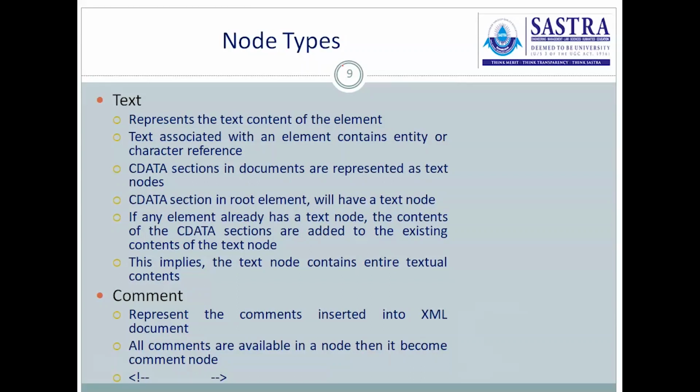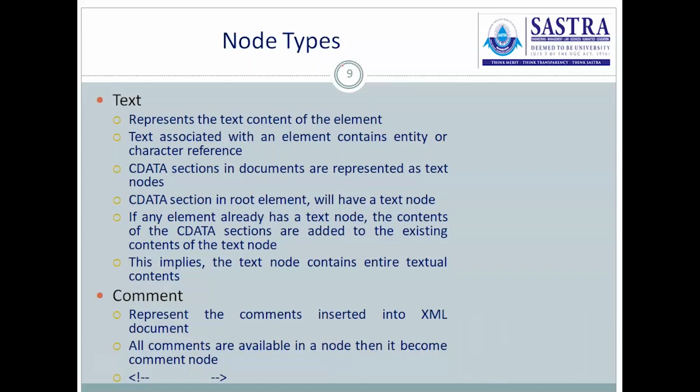Sometimes the root element may have a CDATA section, so the text node is associated with the root node. Sometimes the CDATA is available for any other element, so an associated text node is created for that element. Suppose for a particular element more than one value is available in the CDATA section, then only for the first time it creates a text node and associates it with the element.